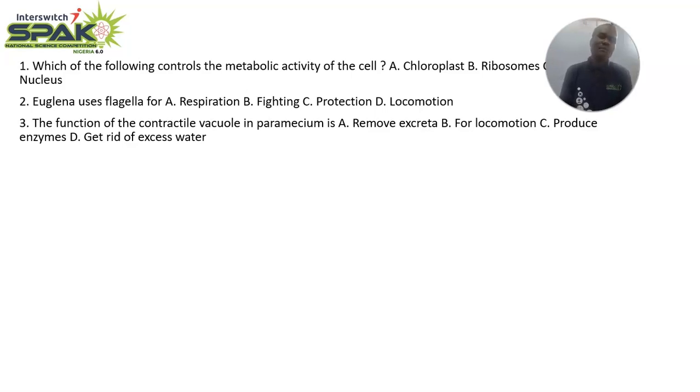Of course, paramecium is a freshwater organism. In the course of evolution, the main problem confronting organisms that live inside freshwater is, how can they get rid of excess water rushing into their body?